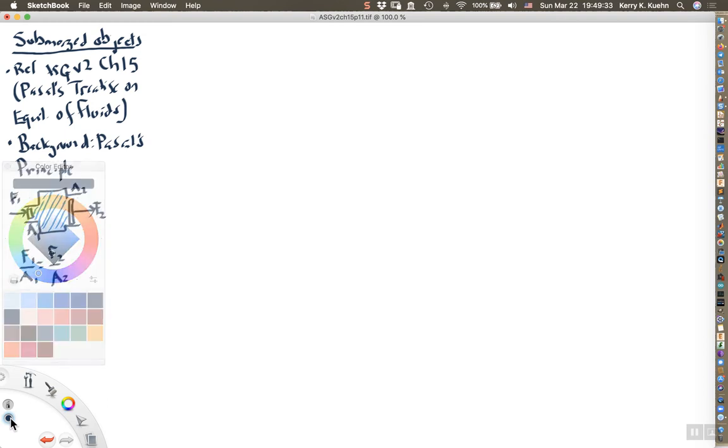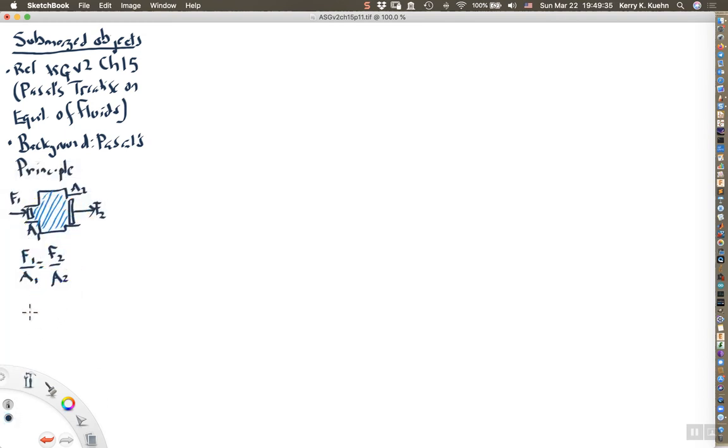Okay. Another way to think about this formula, by the way, is if you think about the force per unit area on this piston, you can call this the pressure that you're applying at position 1 is equal to the pressure that shows up at position 2.